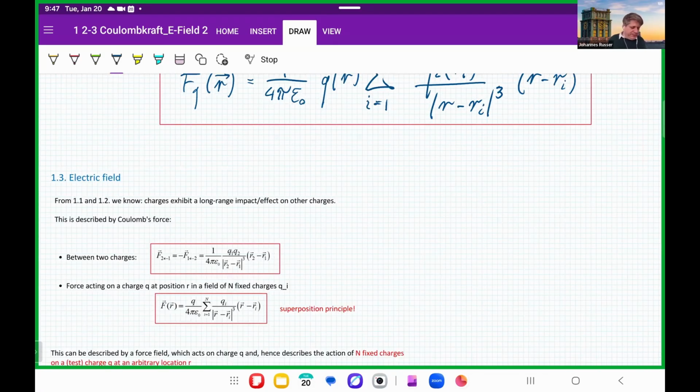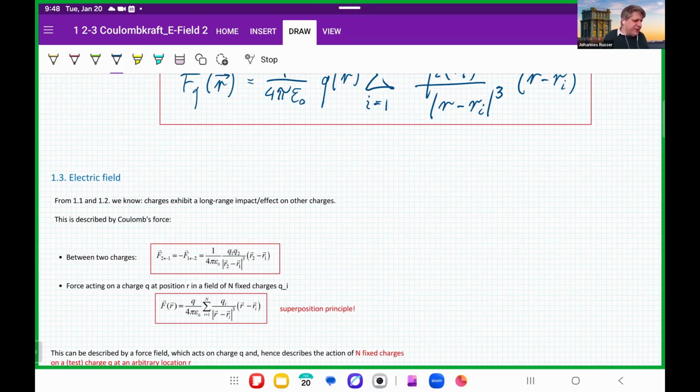So we want to take this a bit further. It becomes very convenient to introduce the concept of the electric field. We have seen that you have an arbitrary number of charges. Each charge contributes to the forces, and we have also introduced the concept of using a test charge.